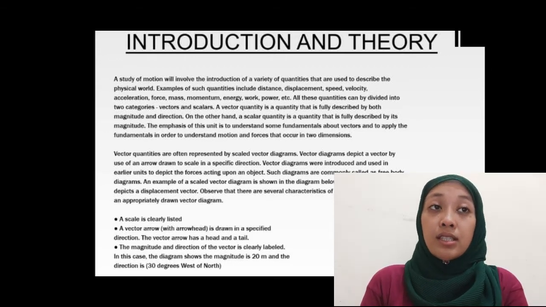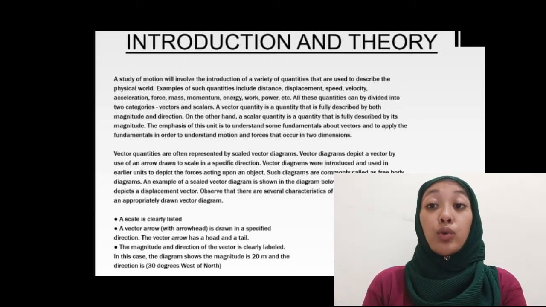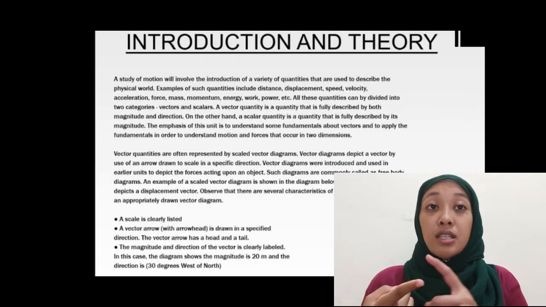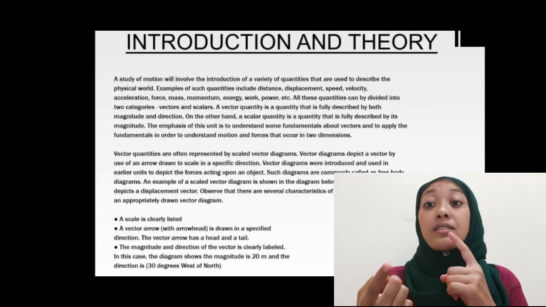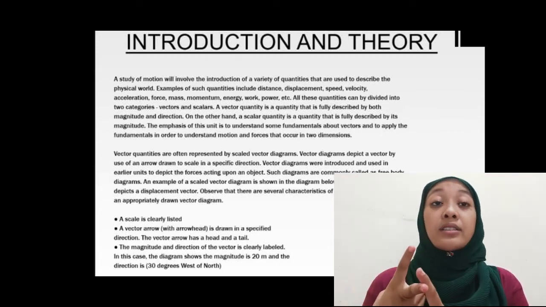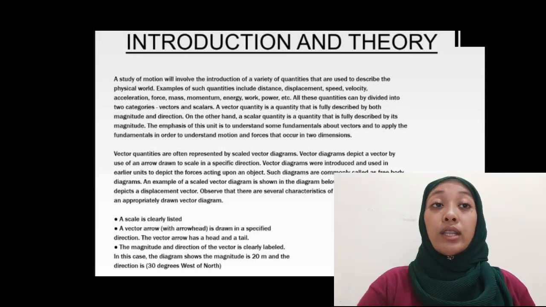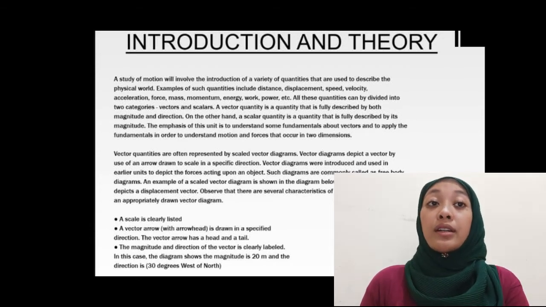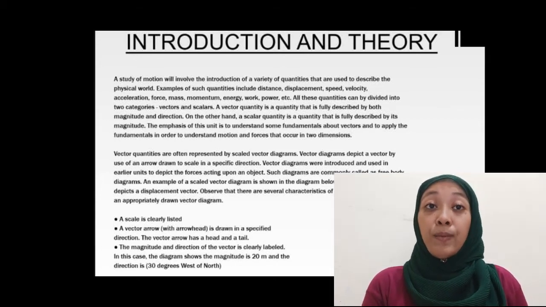All these quantities can be divided into two categories: vectors and scalars. A vector quantity is fully described by both magnitude and direction. On the other hand, a scalar quantity is fully described by its magnitude.